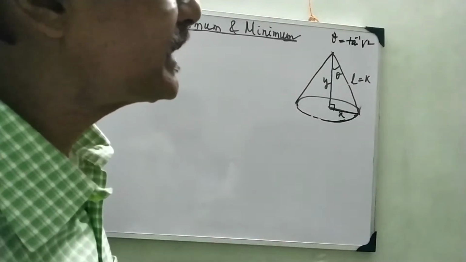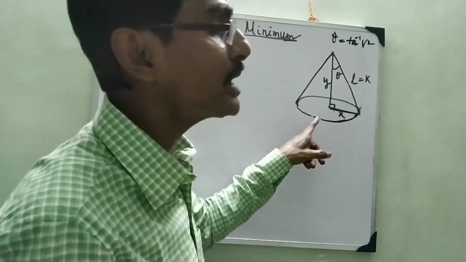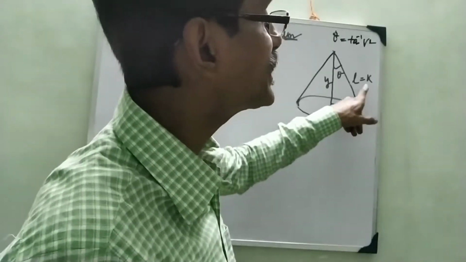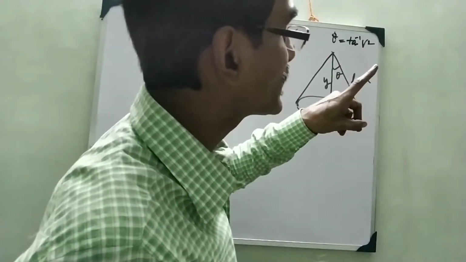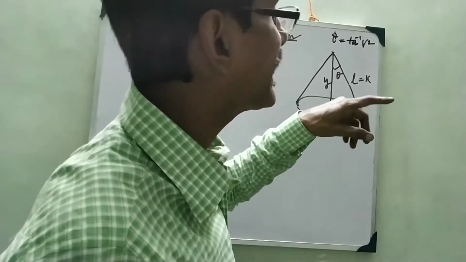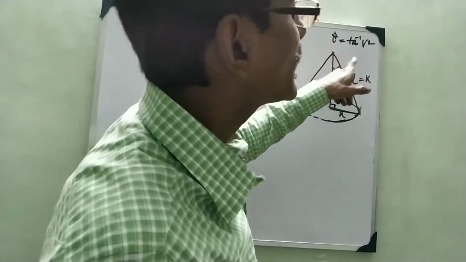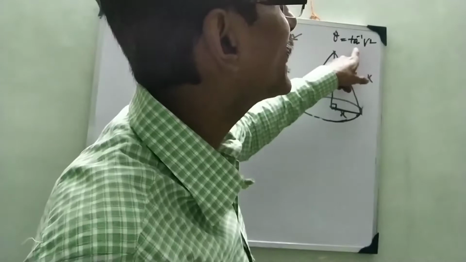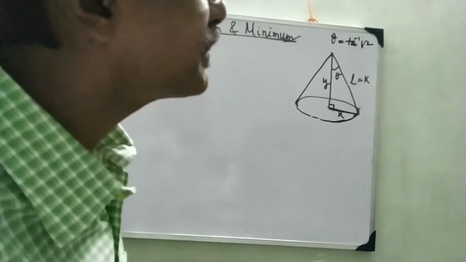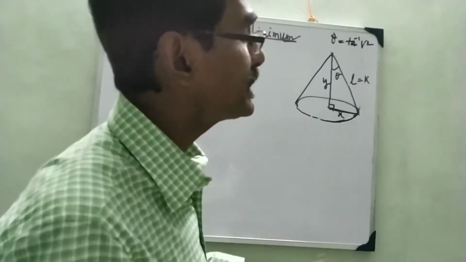I repeat the question. In a right circular cone, or simply in a cone, if the slant height is constant, prove that the volume of the cone will be maximum when the semi-vertical angle is tan inverse root 2. You know the method. First we have to select the variables.